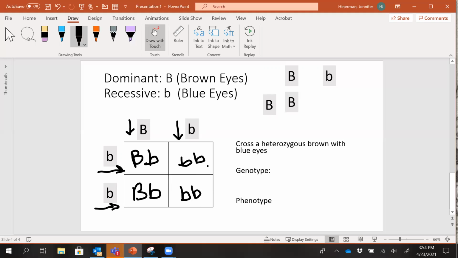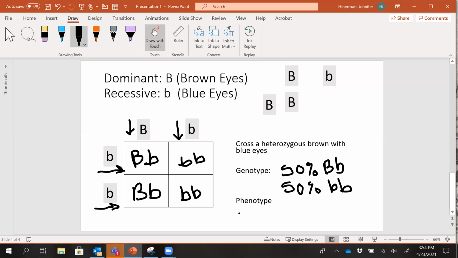So again, in our possible babies, you have a 50% chance of having big B, little b.